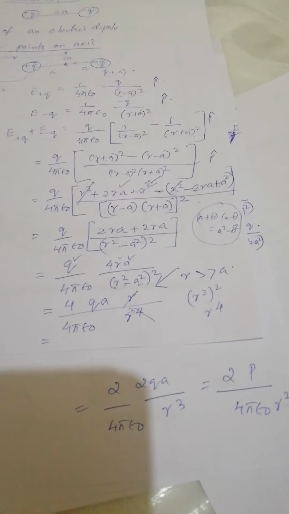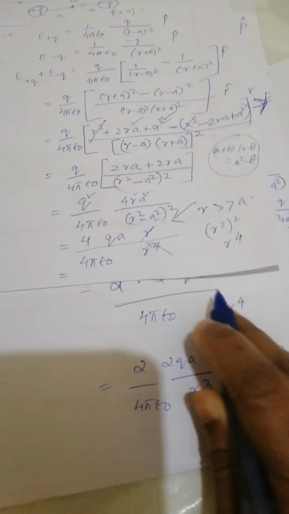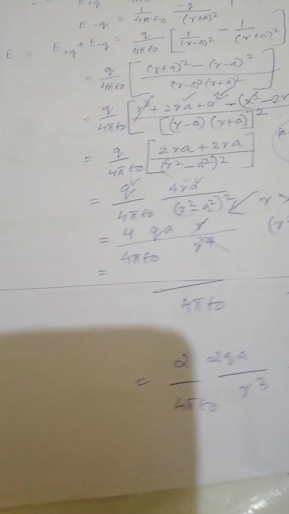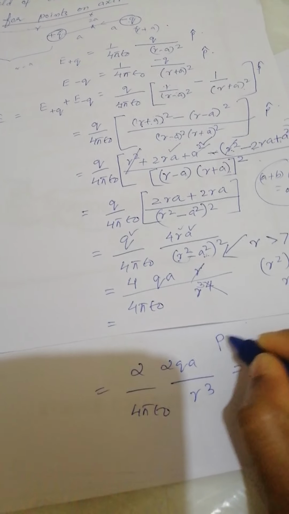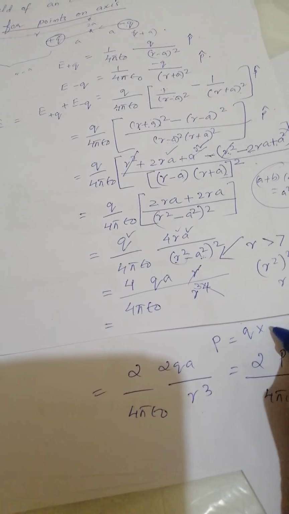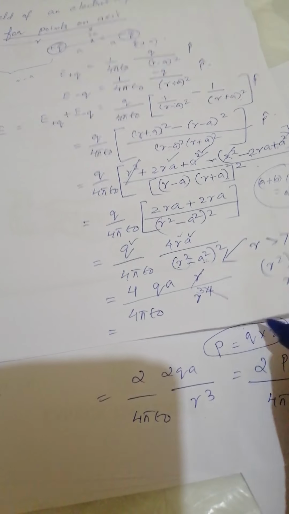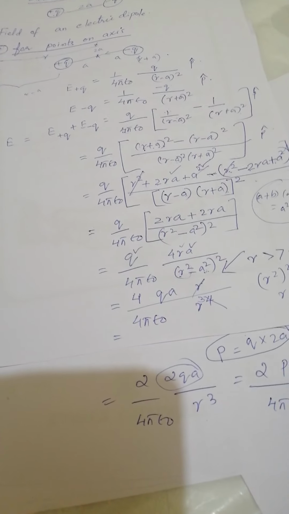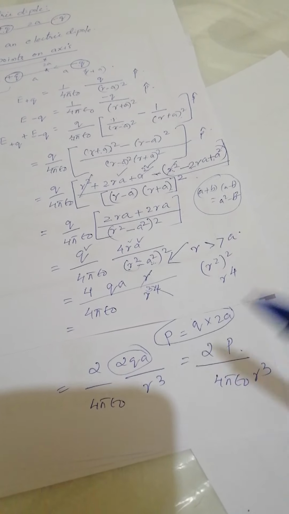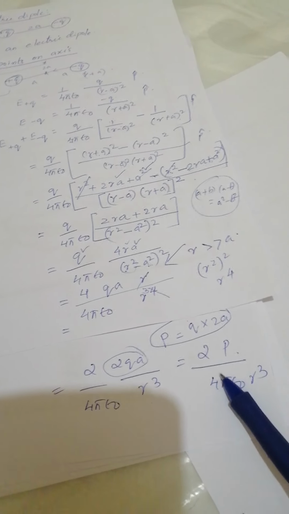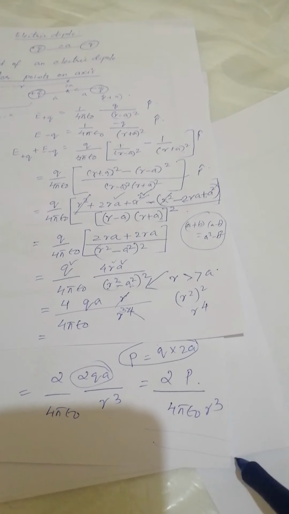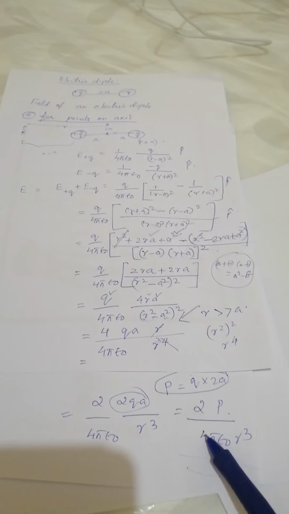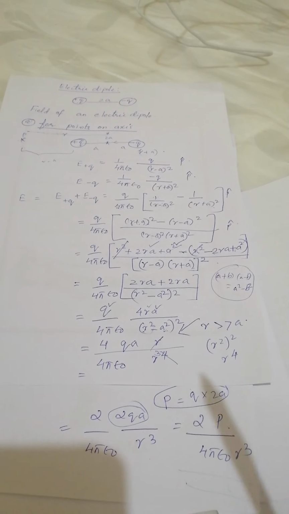That equation becomes 2p divided by 4 pi epsilon 0 r cube. This is the final equation for the electric field at a point on the axis.